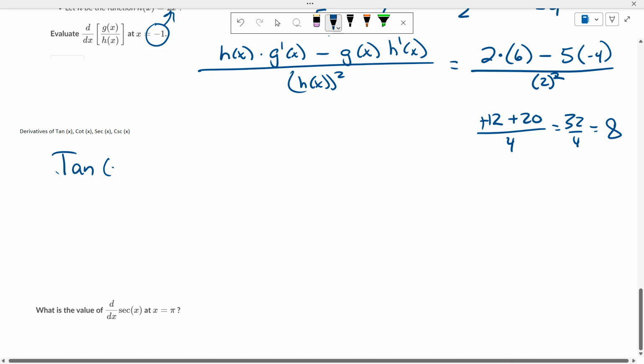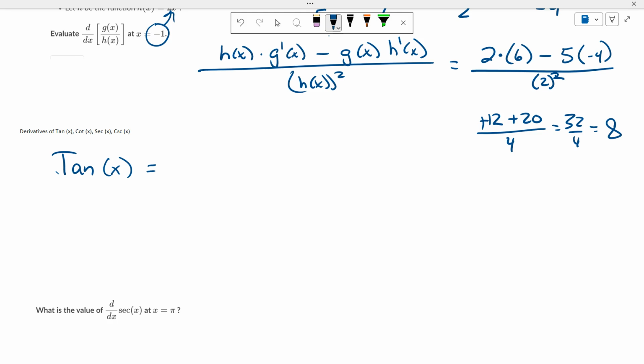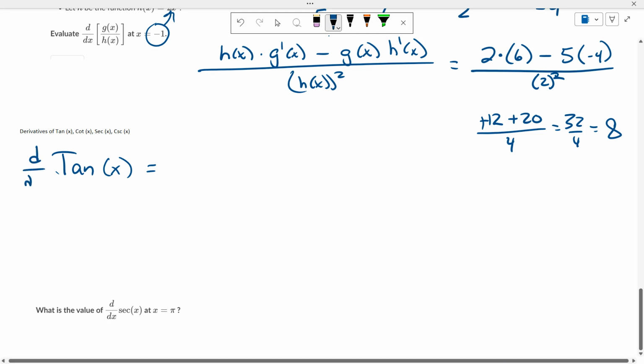On your tests right now, yes, but not the AP test. You will take quizzes over this, like memorization quizzes, because you'll have to memorize all this stuff when it comes to that time. So d dx of tangent of x is secant squared of x. Easy peasy.